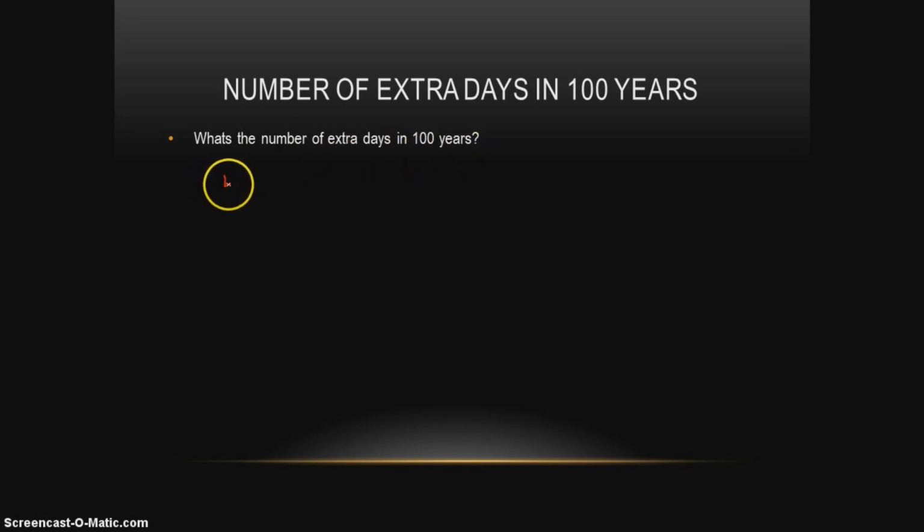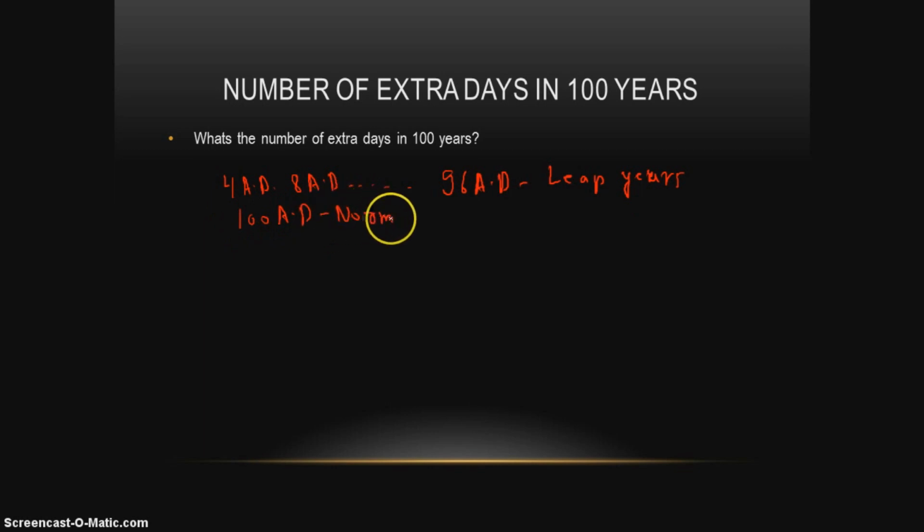So in 100 years, if I see 4 AD, 8 AD, like that, till 96 AD, we have leap years. Mind you, 100 AD is not a leap year because of the concept we discussed in one of the previous slides. 100 AD is not a leap year, or I would write it as a normal year.